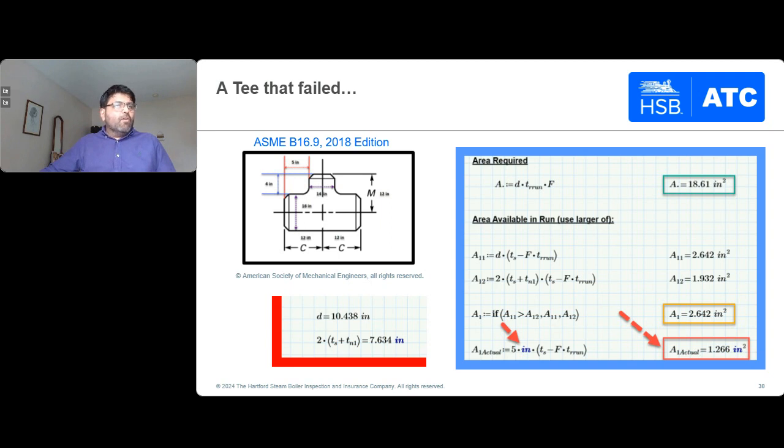And so I have called out the run extension in this particular case, which is only 5 inches. Now that 5 inches is comparing to the code required limits, which is the higher of these two, 10 and 7. So in reality, for this T, I only have half of what the code would require.